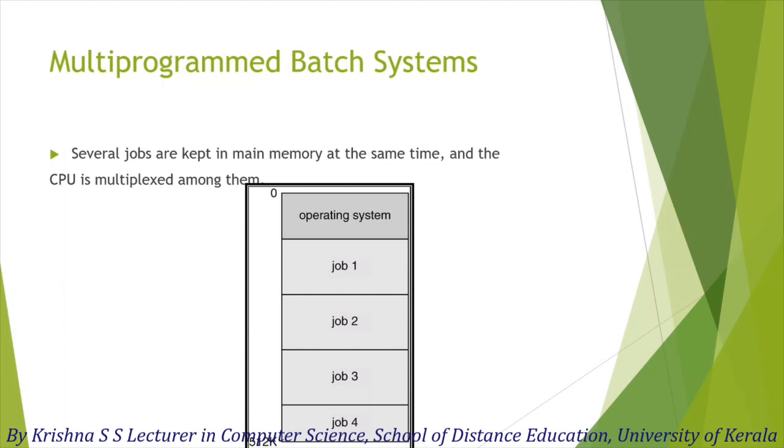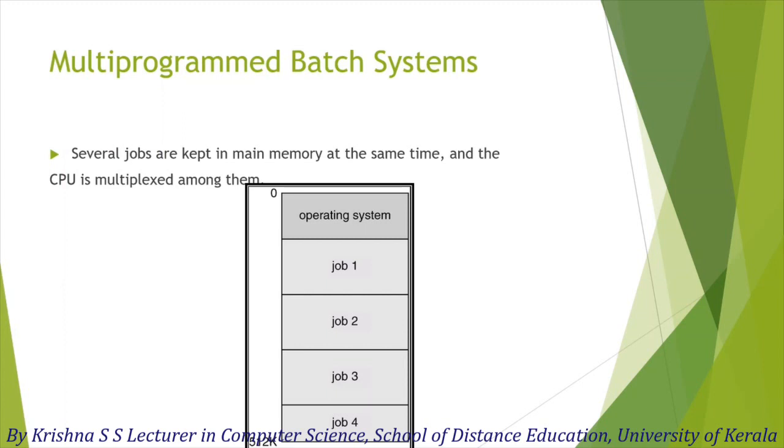In this example, we can see that in the first locations the operating system is loaded. Several jobs are kept in main memory at the same time, and the CPU is multiplexed among these jobs. That is, when job 1 is being executed, it will need an input from the user, so at that time it will go for an IO operation.